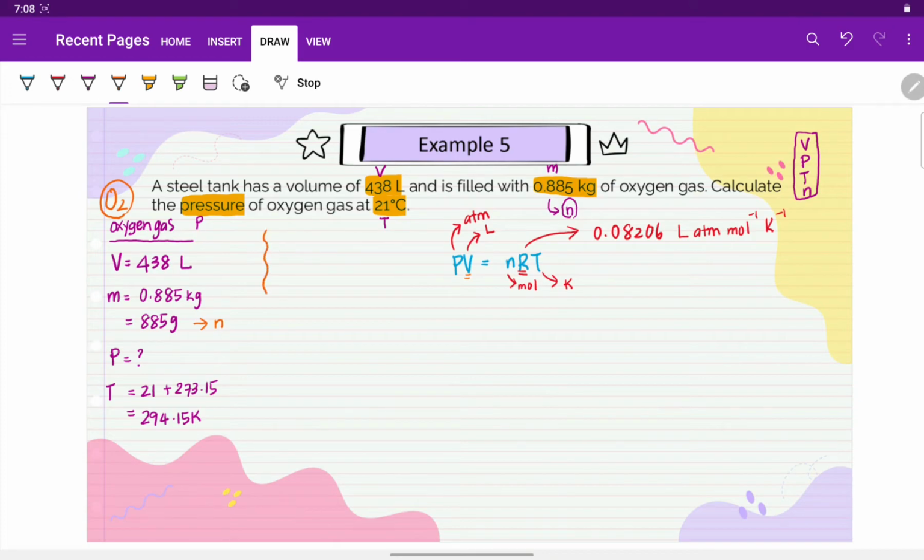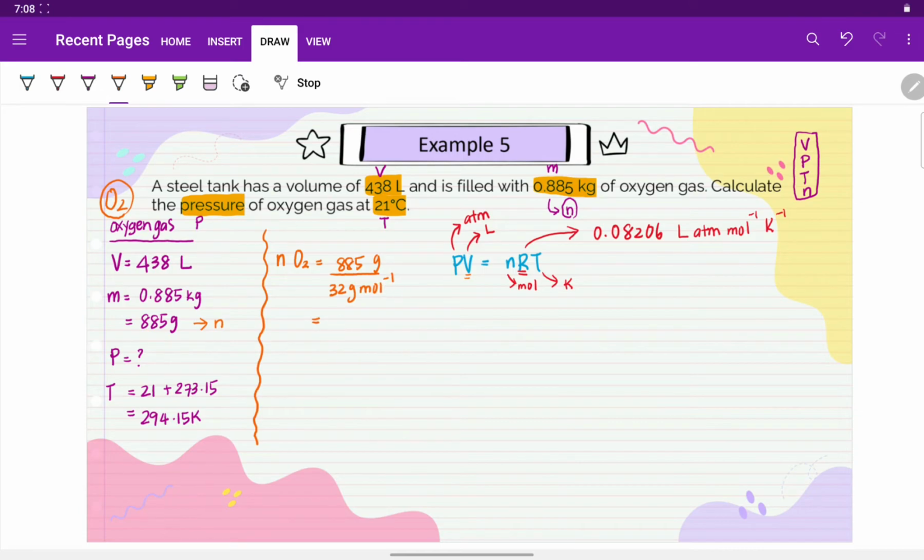Jadi, kita akan start dengan calculation kita. Yang pertama tadi, kita kena cari dulu number of mole. So awak tulis kat sini, number of mole of oxygen gas adalah sama dengan mass dia 885 gram, bahagikan dengan molar mass. Satu oksigen is 16 gram per mole, so since we have O2, it will be 32 gram per mole.